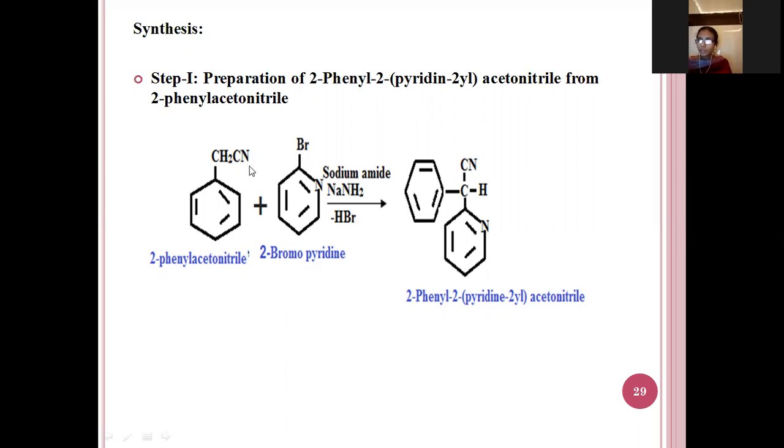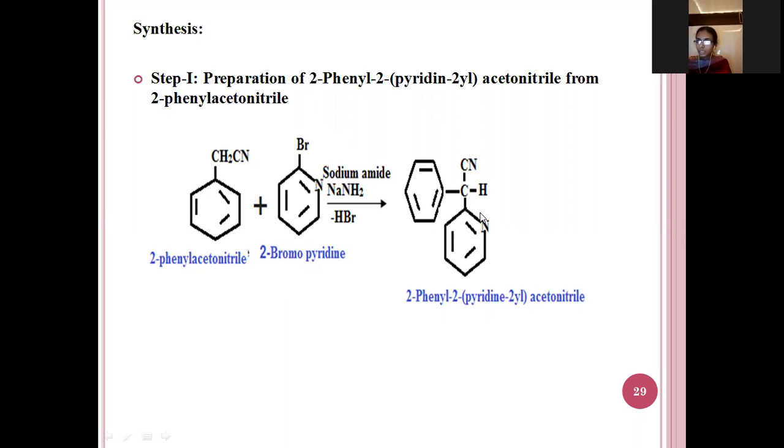Here, one of the hydrogens from the 2-phenyl acetonitrile and the bromine from 2-bromopyridine are eliminated. So the remaining pyridine structure is attached to the 2-phenyl acetonitrile.